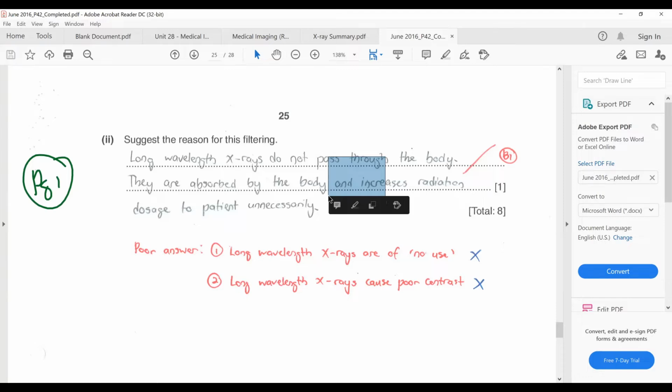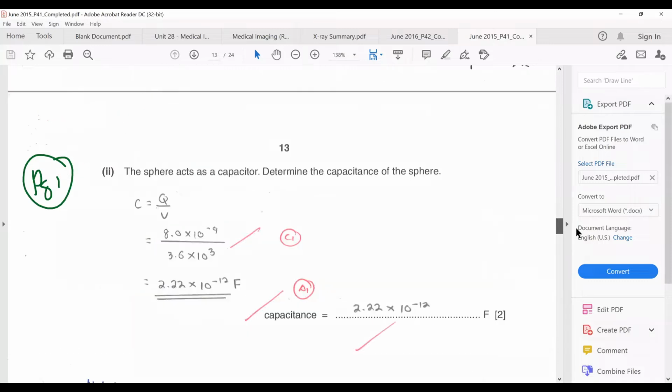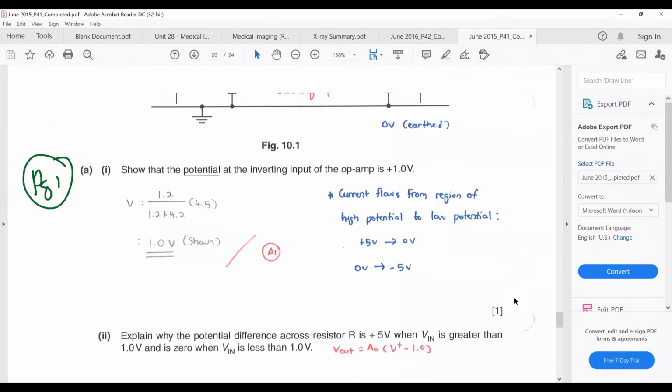Page 1 is talking about this. Go to page 1. Then you have 15 P41. Now they ask you to state and explain in the X-ray tube how the hardness of an X-ray beam is controlled.